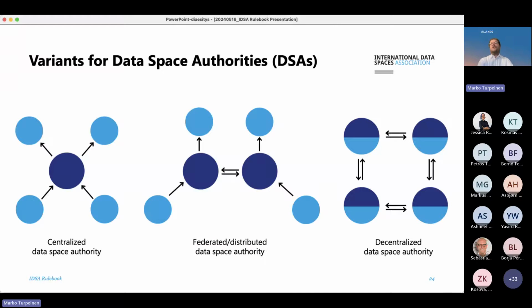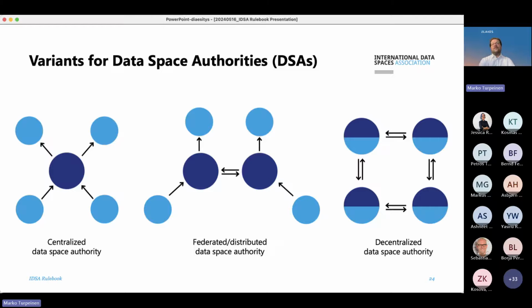And then one thing that we did discuss quite a bit was whether these data space governance authorities, data space governance authority is the term that we are now using, need to be centralized, or can it be more federated, distributed, or decentralized? And we in the rulebook working group came to the conclusion that all of these are possible. They have different characteristics and strengths and weaknesses, but it doesn't need to be that we have one organization that is the data space governance authority.